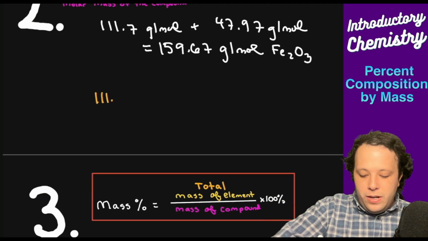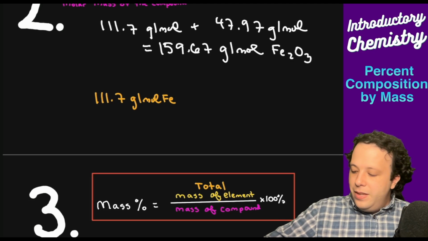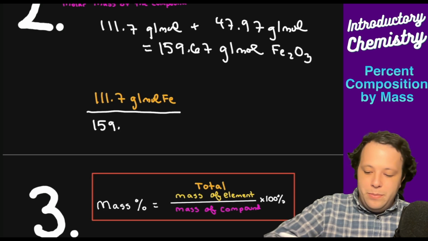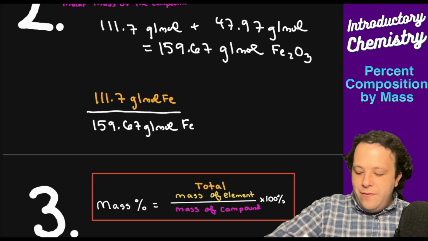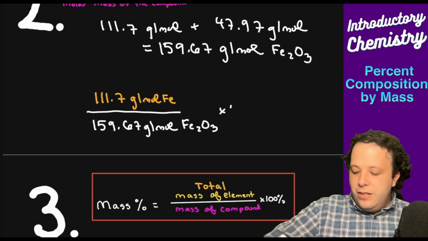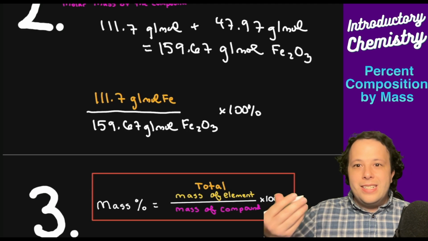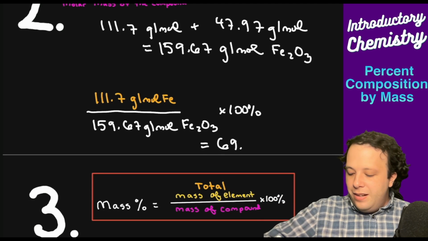So we take that 111.7 grams per mole of iron, which is our part, and divide it by the 159.67 grams per mole of Fe2O3, times 100%. And what we get is 69.96% iron in this sample.